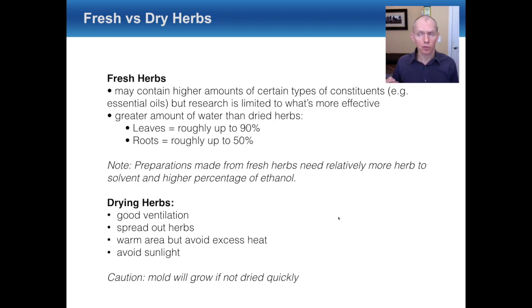So I'm actually going to have to use either a higher alcohol concentration to compensate for that added water in it, or I may have to use more herbs to get the right amount of phytochemicals. Okay?